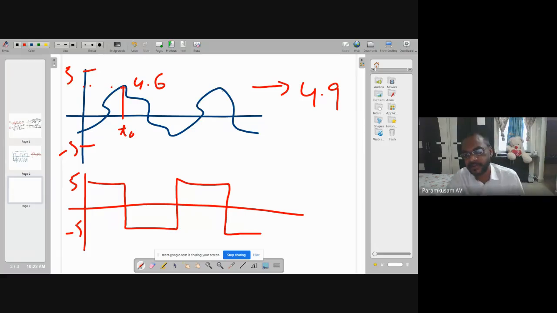It cannot predict. Am I correct? Or the transmitter transmits 3 volts and noise is 1.9. 3 plus 1.9 is equal to 4.9.